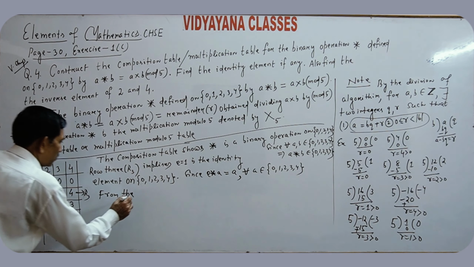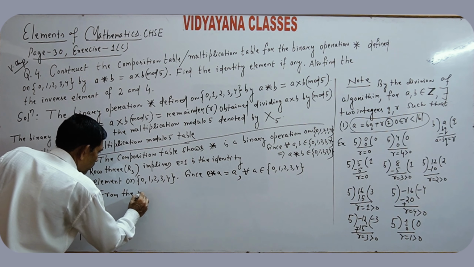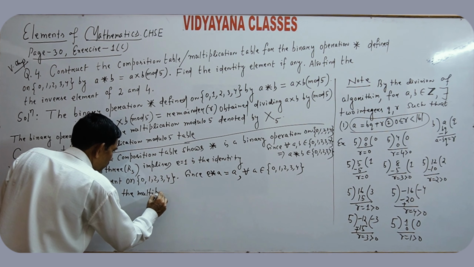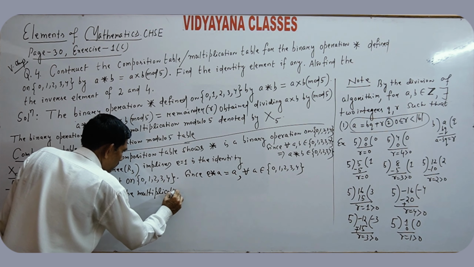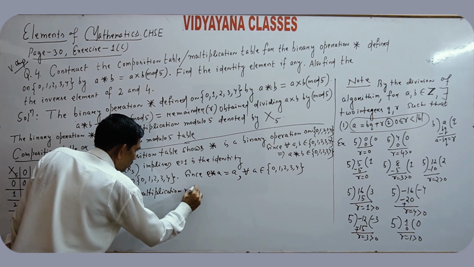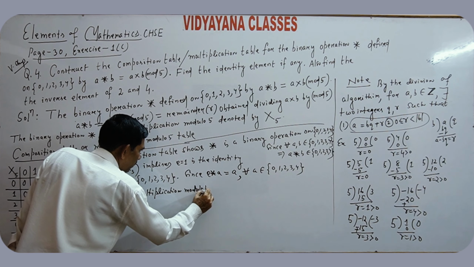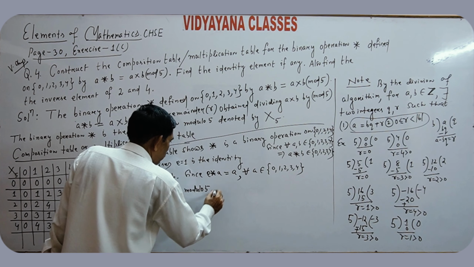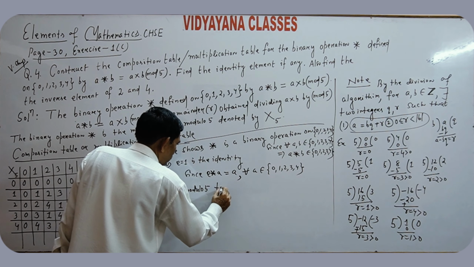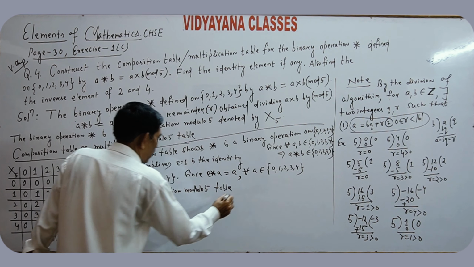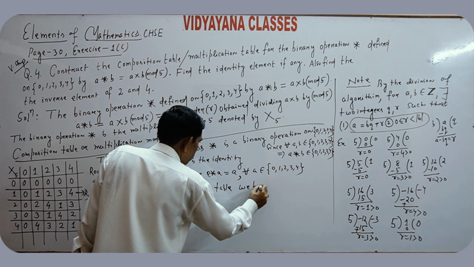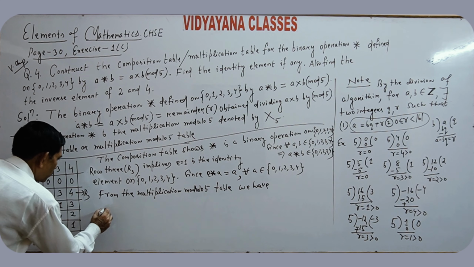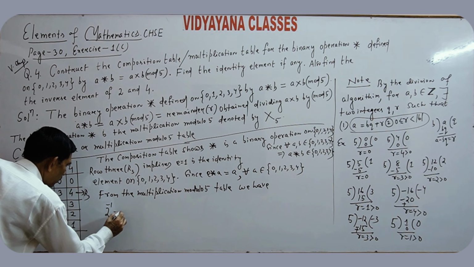From the multiplication modulo 5 table, we have the inverse of 2. 2 inverse is equal to 3.